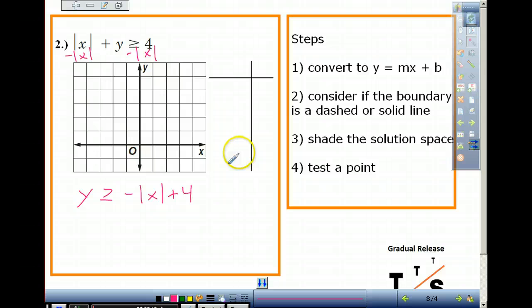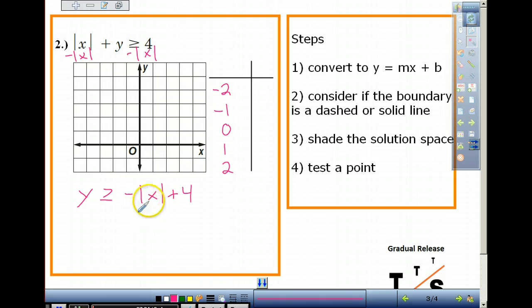Plug in some points, plug in some negatives, plug in some positives, see what happens. Some of you could probably already look at this like, well, I know it's going to be moved up 4. Regular absolute value of x is moved up 4, so is this one. Okay. What does this negative do to the graph?